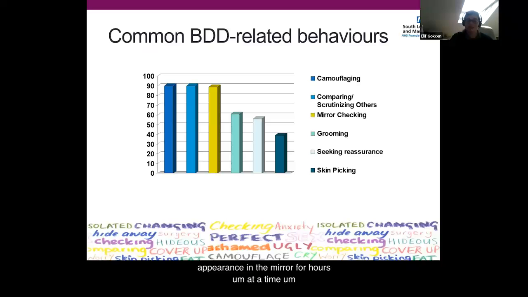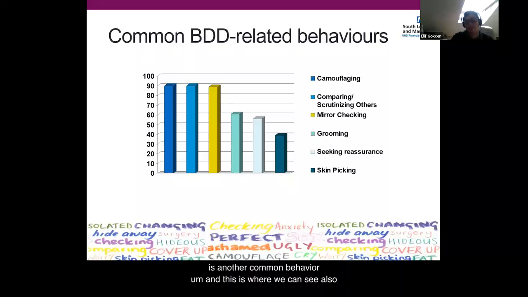We know that grooming, excessive grooming, is quite a common BDD-related behaviour. So we can hear lots about young people saying that they might be using multiple products that do the same thing. So someone might be using 3 to 4 different types of moisturisers, or they might be using multiple different types of shampoos that essentially have the same effect.